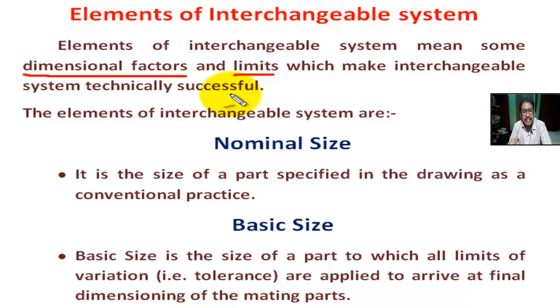In large-scale production of items of assembly, any one component selected at random should assemble correctly with any other mating component selected at random. Okay.